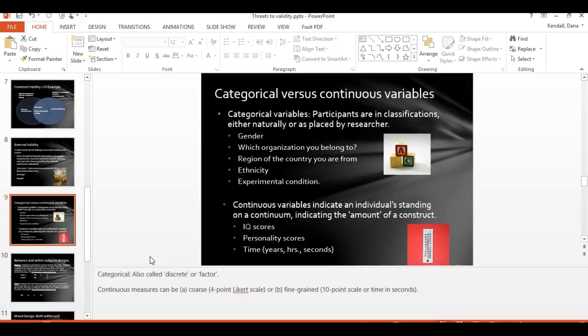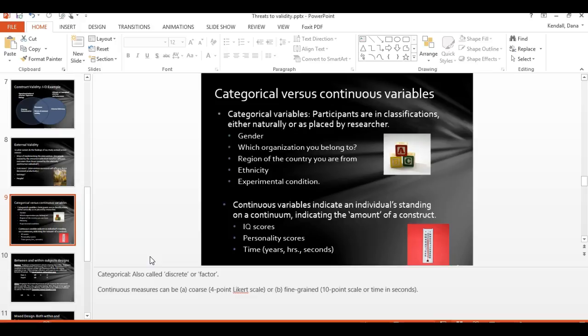Continuous variables indicate a person's standing, usually on a latent construct of interest. A latent construct means an underlying abstract concept like cognitive ability, personality, etc. It also could be something more concrete, like the time that you've been with the organization, your tenure, how many years you have been employed here, or the seconds it took for you to respond to a certain task.